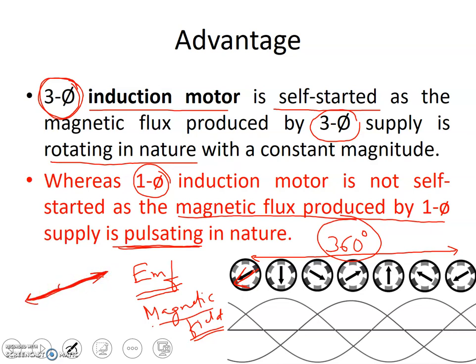So the resultant torque produced on the rotor will actually be equal to zero. So there is no movement of the rotor if you aren't connecting any external auxiliary circuit to start the motor. So that's a big disadvantage associated with a single-phase induction motor. That's not there in the case of a three-phase induction motor.